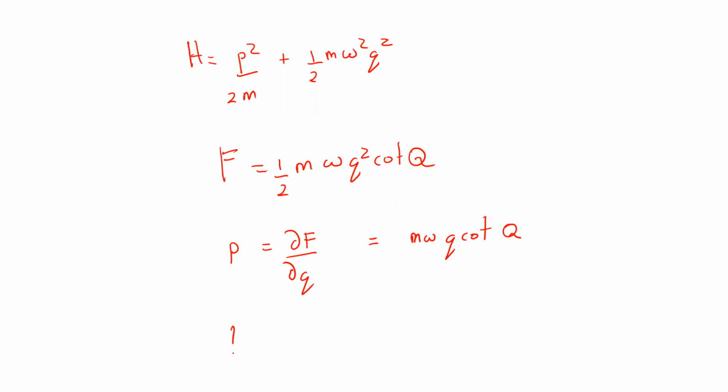So the new momenta P and the generating function are related this way. Now from this equation, we can rearrange for Q. We can rearrange for Q in terms of P.